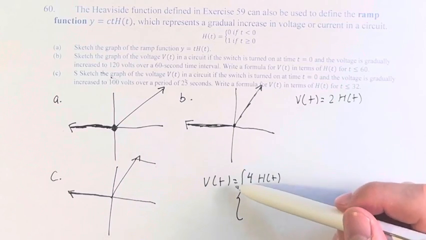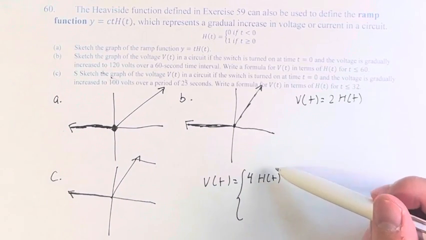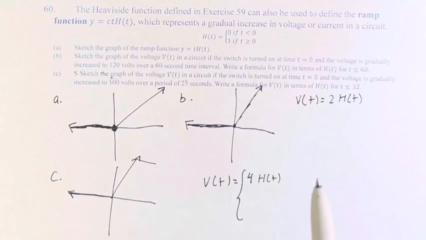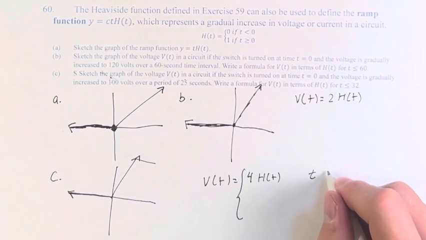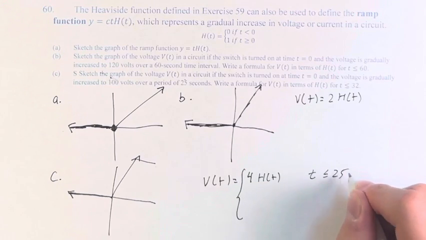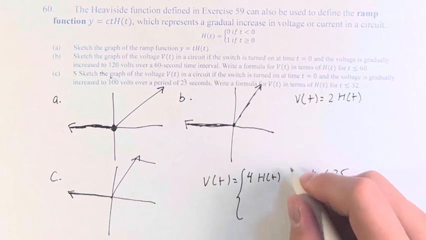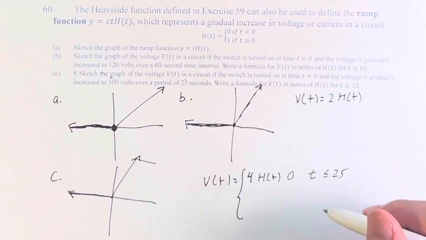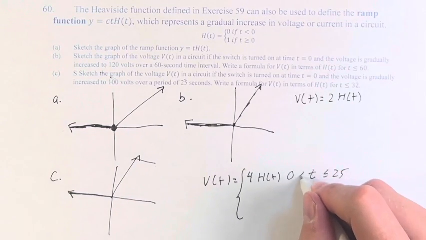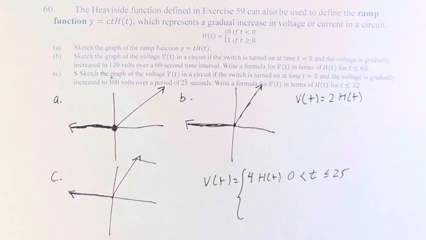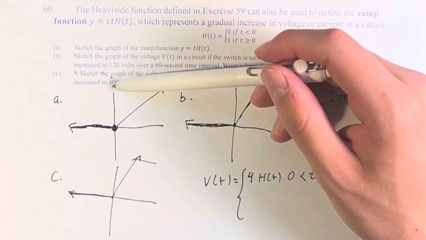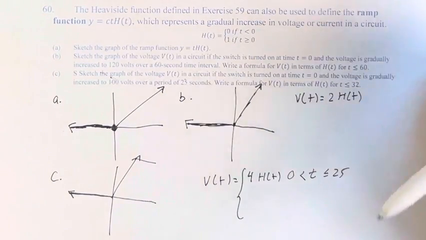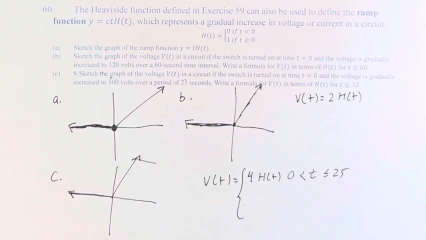v of t is equal to 4 h of t for t is less than or equal to 25 and t is greater than 0. However, v of t is equal to 100 at 25 all the way to 32.